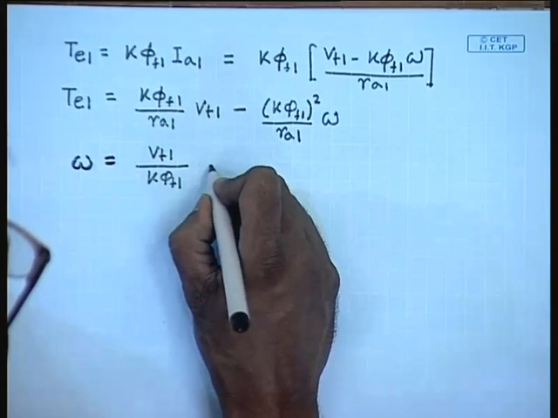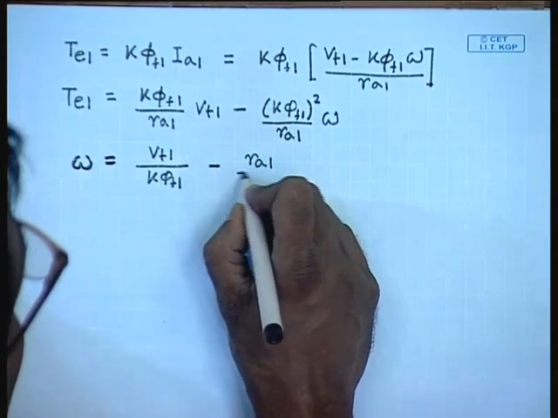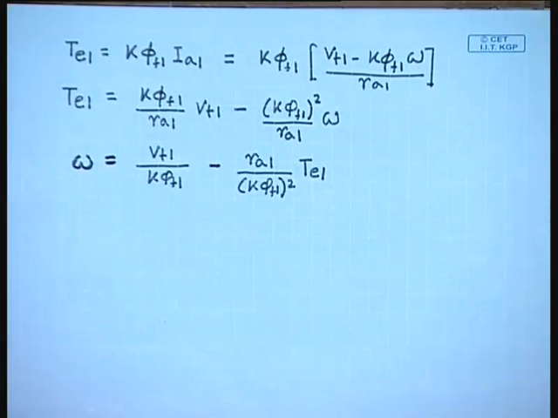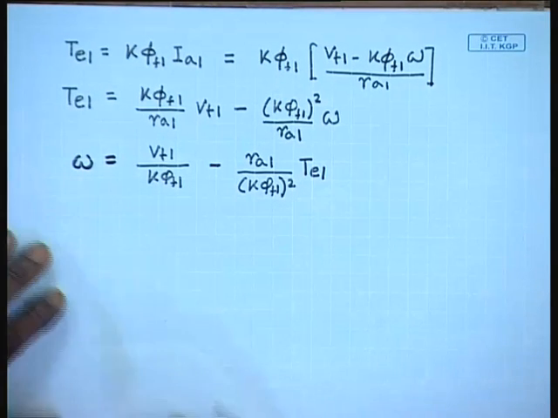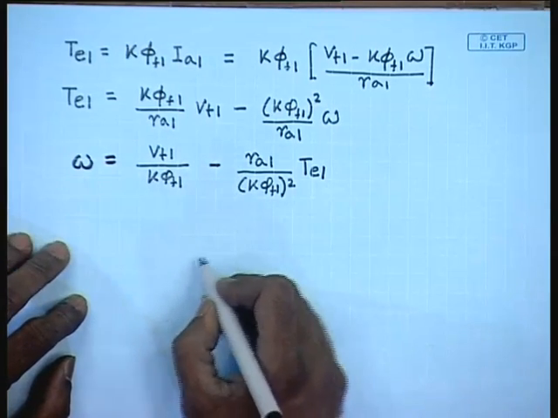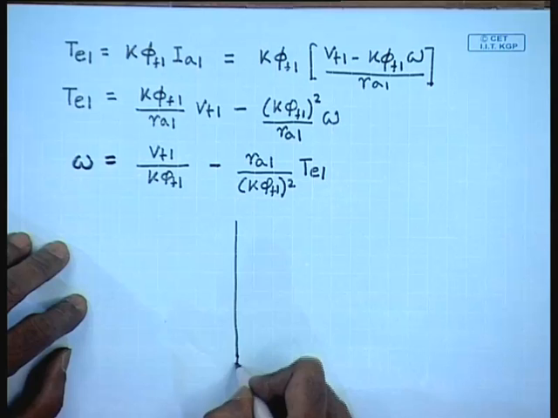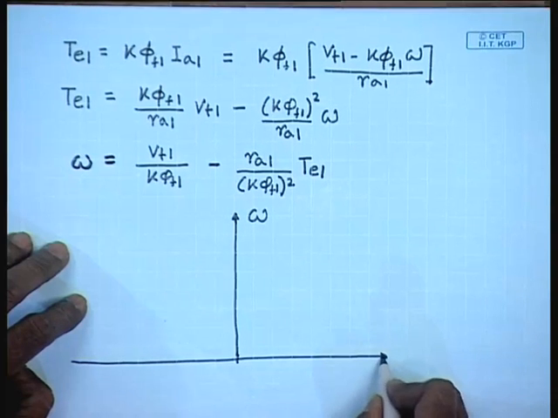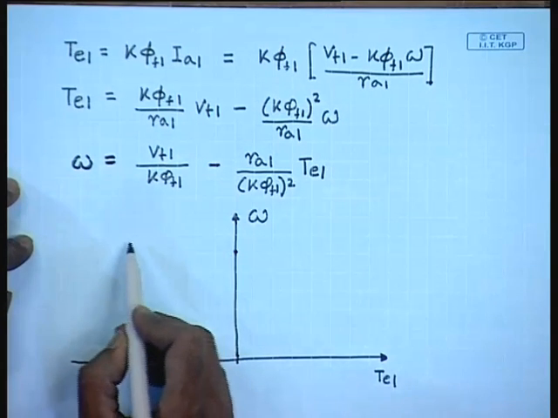Vt1 by K phi f1 minus Ra1 by K phi f1 whole square Te1. So, this is the equation of a straight line, and if we plot it, this is omega, Te1, at Te1 equal to 0, which is the no load operation.